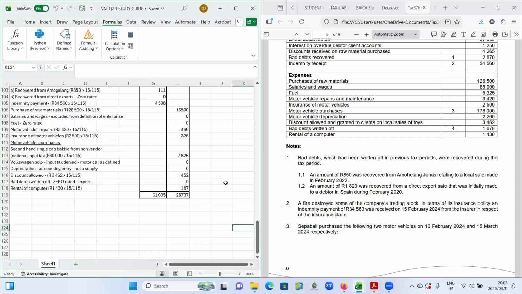Obviously it's VAT payable. Remember, output tax is more than input tax. So therefore it's VAT payable. VAT payable is therefore 61,695 minus 25,737 rand.